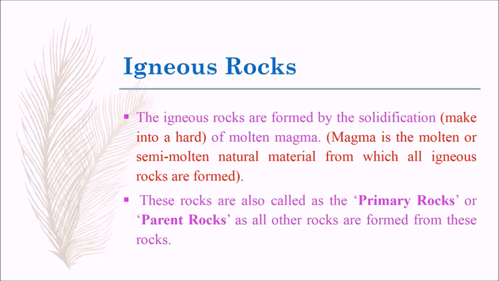Here solidification means make into a hard. Magma is the molten or semi-molten natural material from which all igneous rocks are formed. These rocks are also called as the primary rocks or parent rocks.